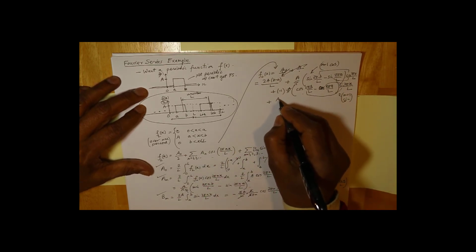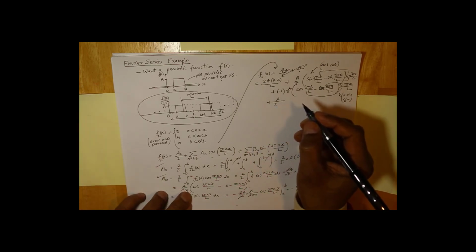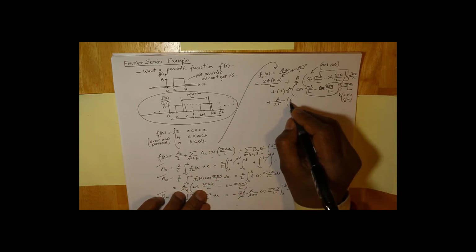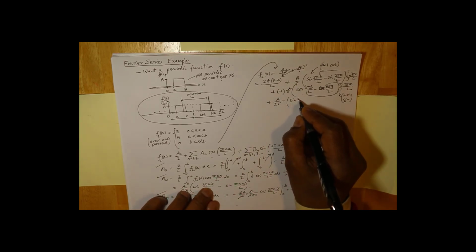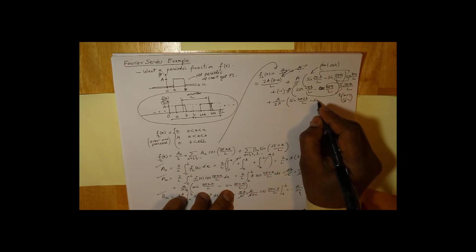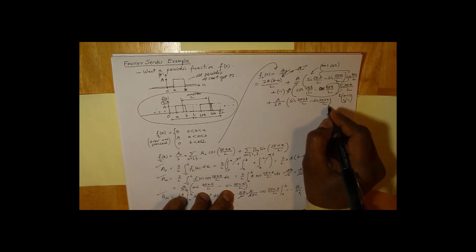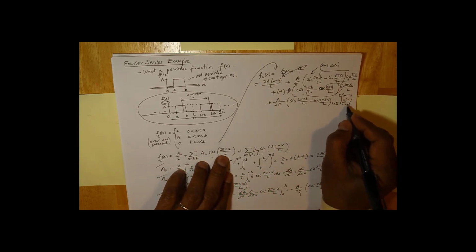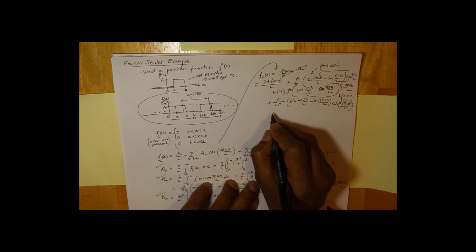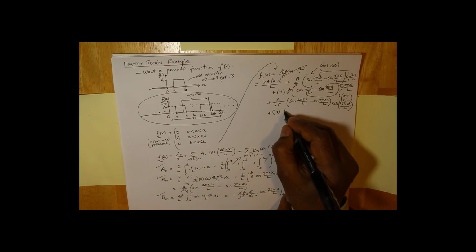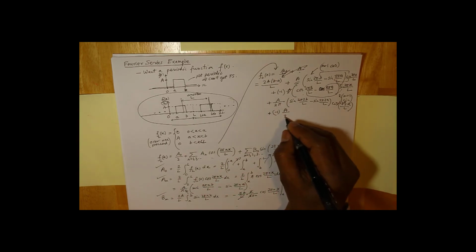The second term, you can see a over 2 pi, because you can see over here 2 pi, so it's going to be smaller than that. And then you have sine 2 pi times 2b over L minus sine 2 pi times 2a over L times cosine 2 pi times 2x over L. And then you have a plus, then you have a minus a over 2 pi now.